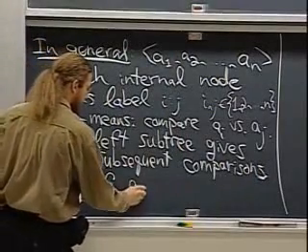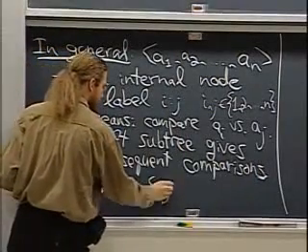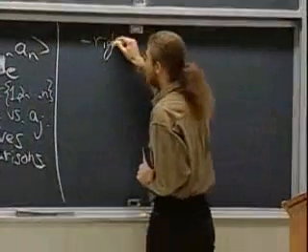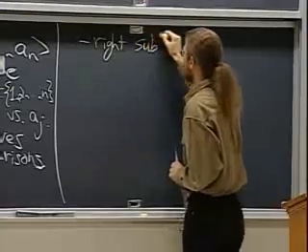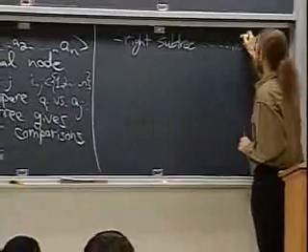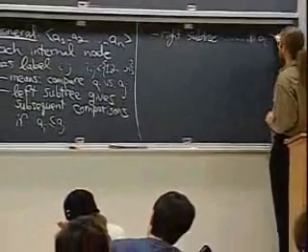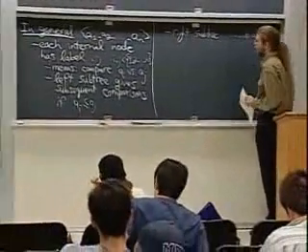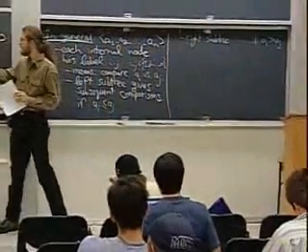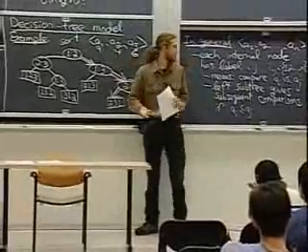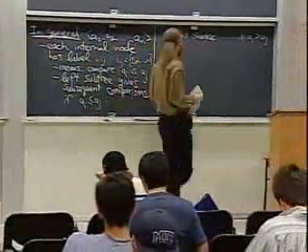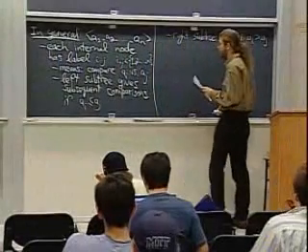So what we'll do is the left subtree corresponds to less than or equal to, and the right subtree corresponds to strictly greater than. So that's a little bit more precise than what we were doing here. Here all the elements were distinct, so no problem.